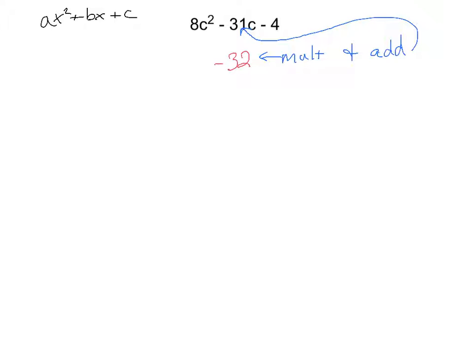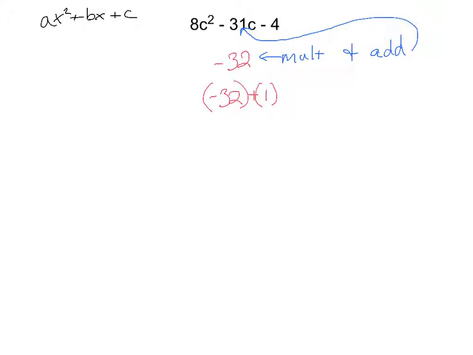And then we just figure out what could I multiply to get negative 32 and add to get negative 31. Think about it a minute, and you should come up with, oh, I could take negative 32 times a positive 1. That would multiply to negative 32, and when I add these 2 numbers up, they get me negative 31. I've got it. Those are my 2 numbers.